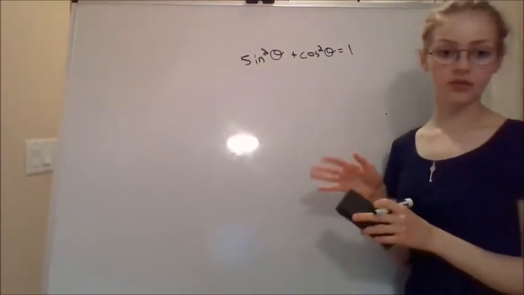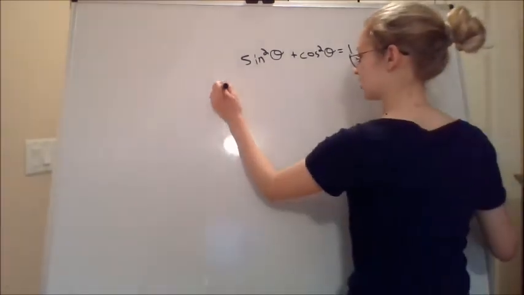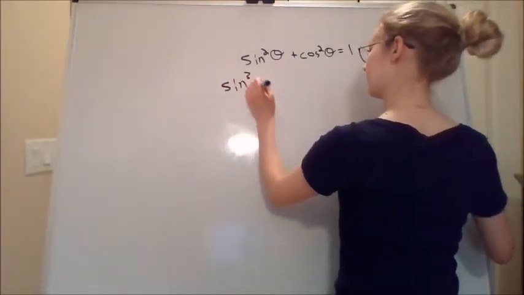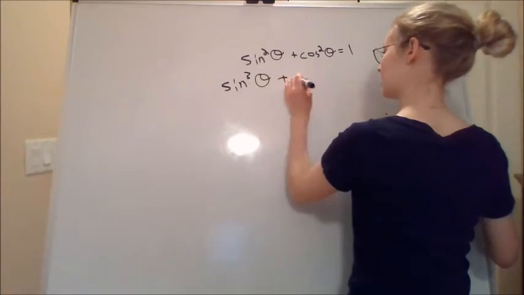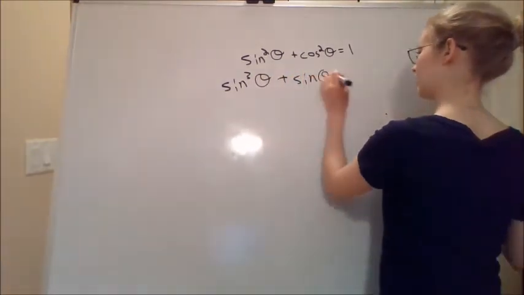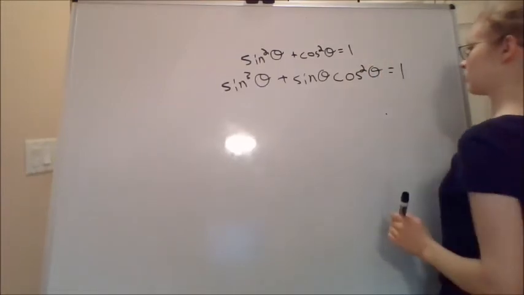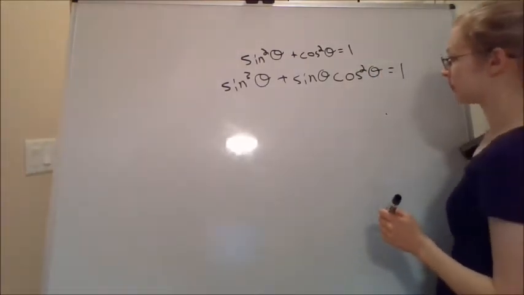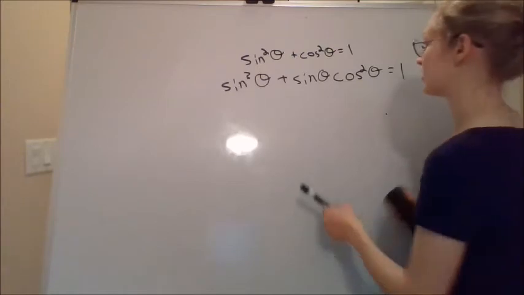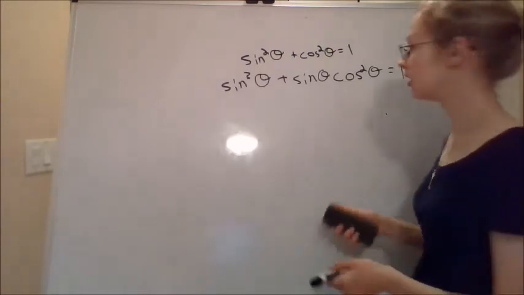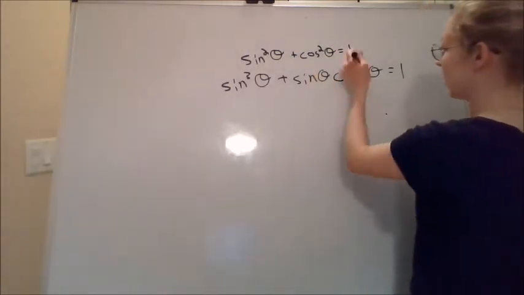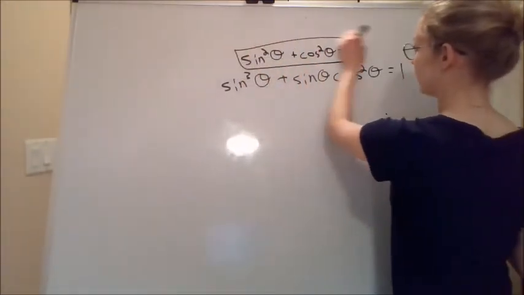If we start off with a simple one, we're going to take sine cubed of theta plus sine of theta times cosine squared of theta equals 1. We're going to think about how we can solve this, or at least make it simpler, with this identity right here.